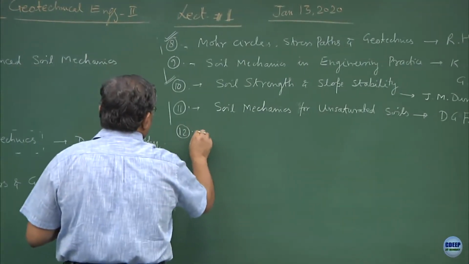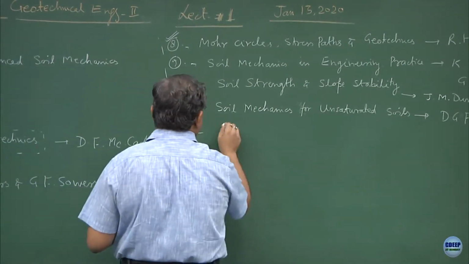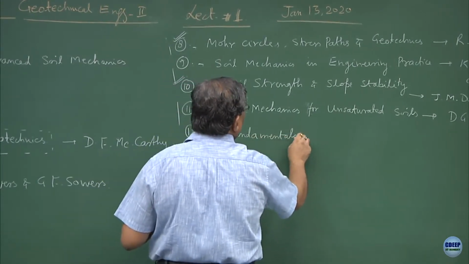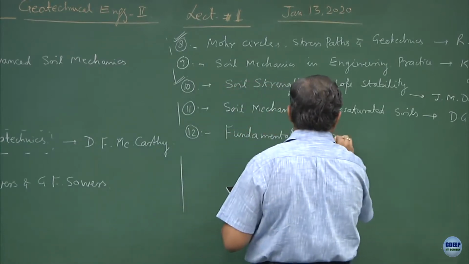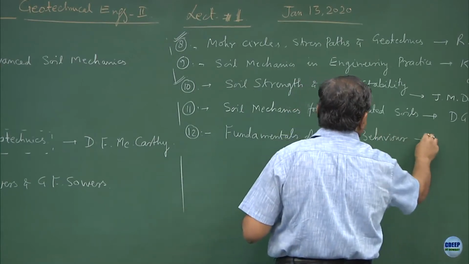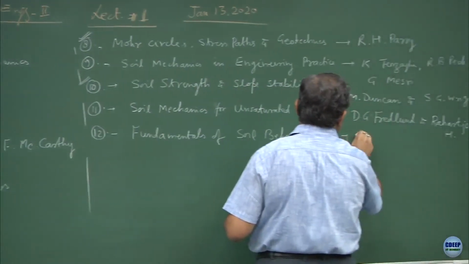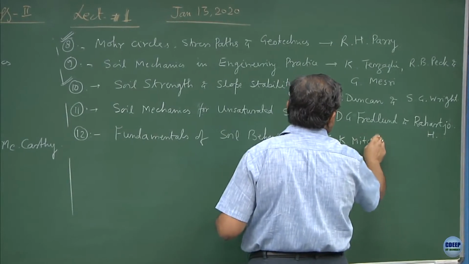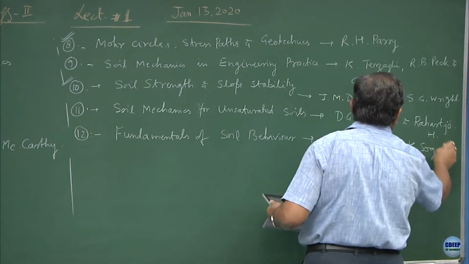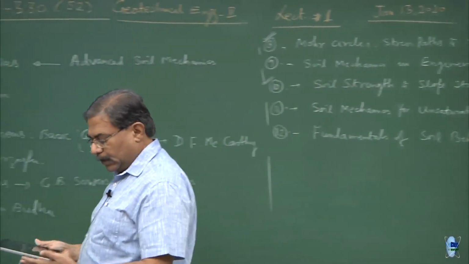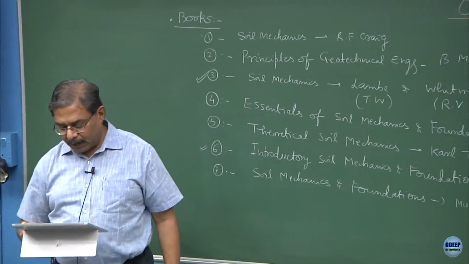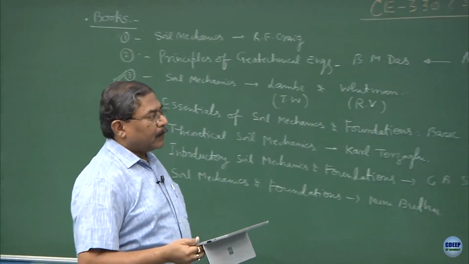There is another interesting book, Fundamentals of Soil Behavior, and this is the book by J.K. Mitchell and Soga. Very contemporary book, and in case you want to pursue your career further, you should follow this book, because these are the guys who are really champions in their subject.